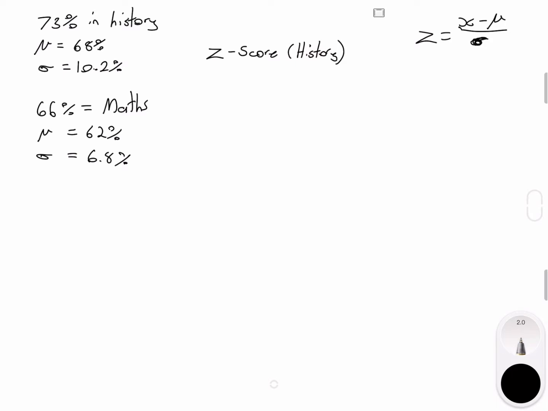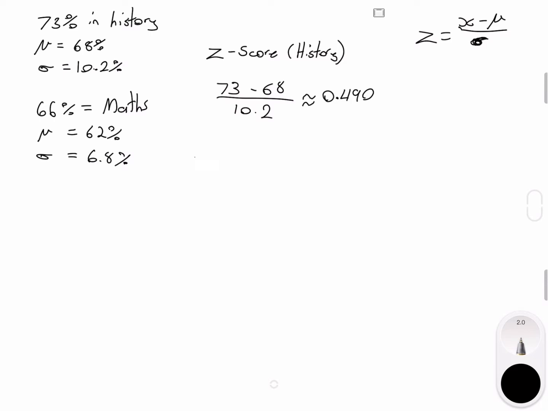So our z-score for history, we've got 73% minus 68% divided by 10.2%. And that is going to be roughly equal to 0.490.